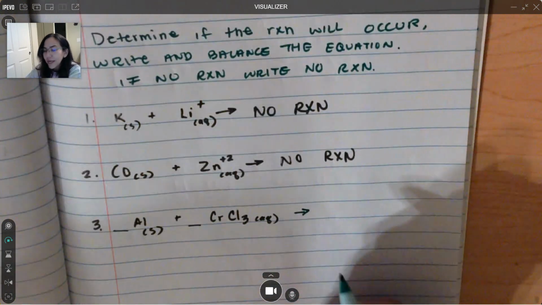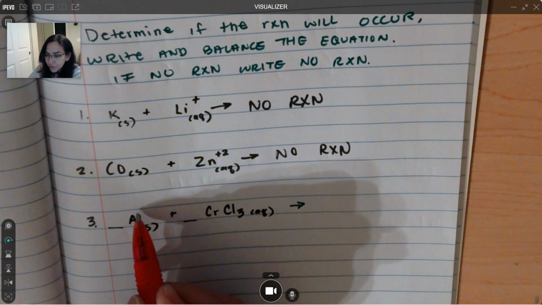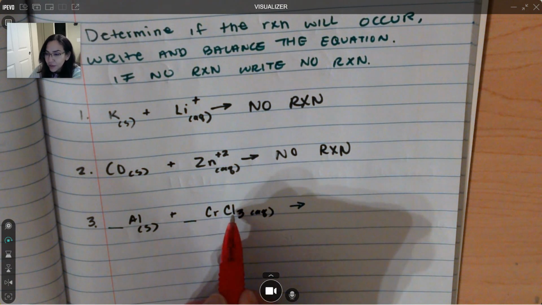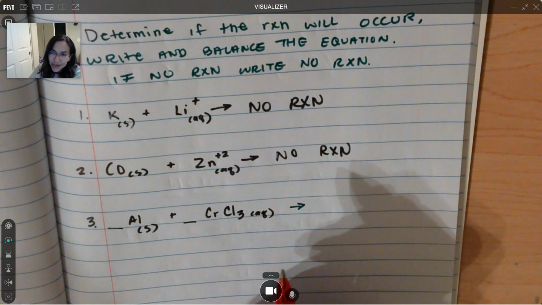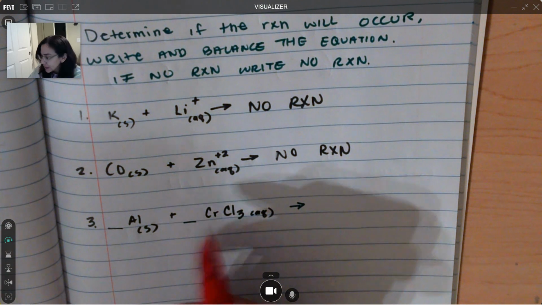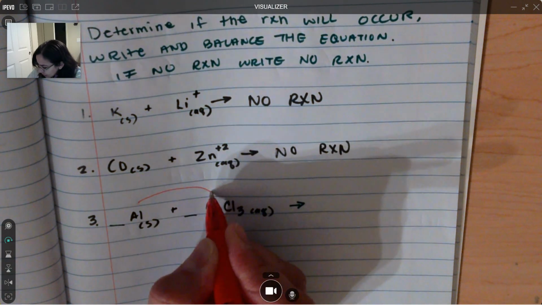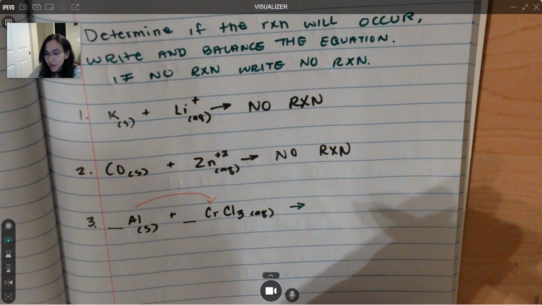Now, if we recognize the type of reaction, we have a single atom and a compound. So we have an AB plus a C. So what happens with an AB plus a C? The home wrecker comes and it's going to replace this. So aluminum is going to replace chromium in this single replacement reaction.